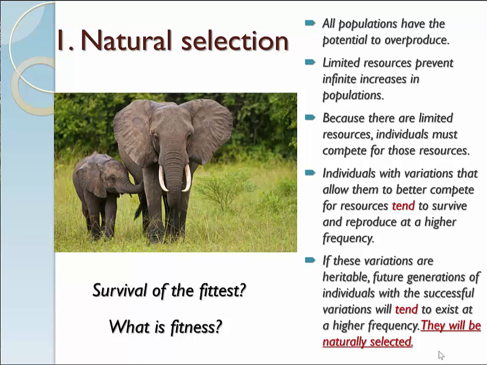So there's lots of different types of fitness. And so what matters is passing on genes. So if you can pass your genes on at higher frequency, which means you have more offspring, then you basically win the game of evolution.